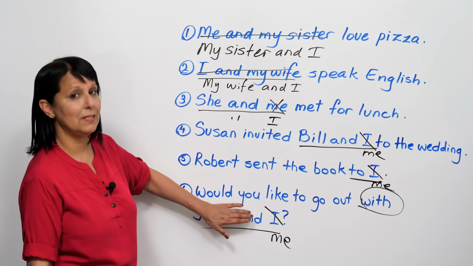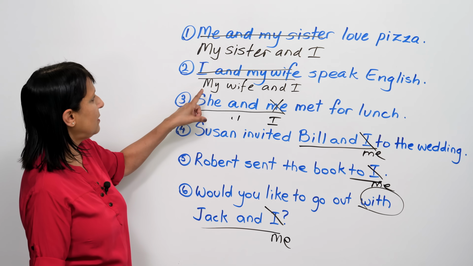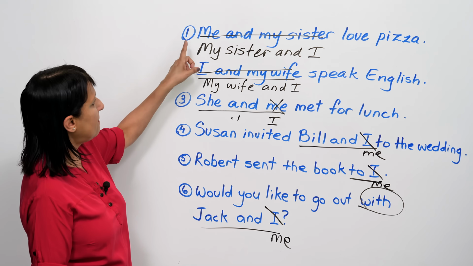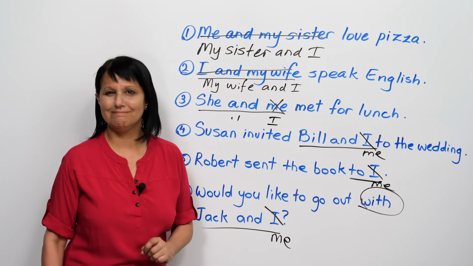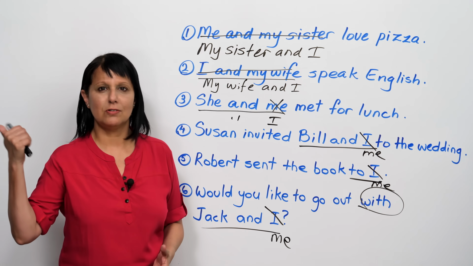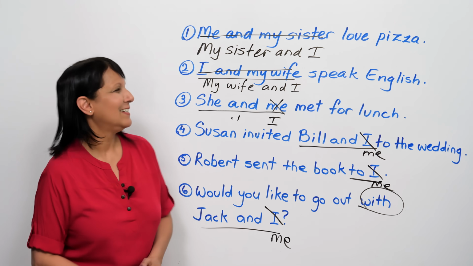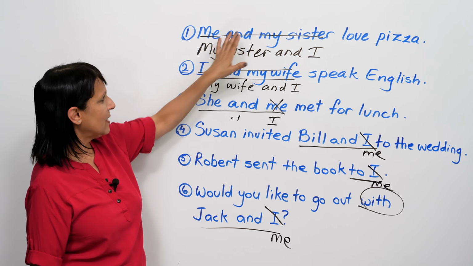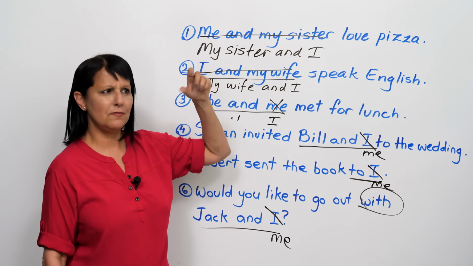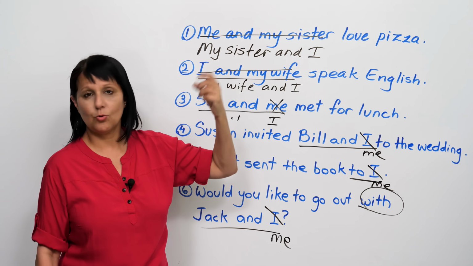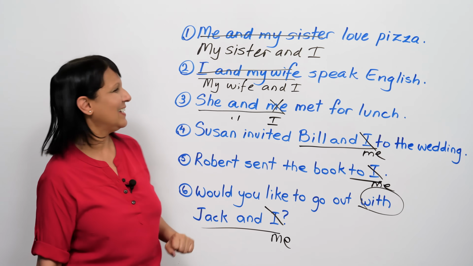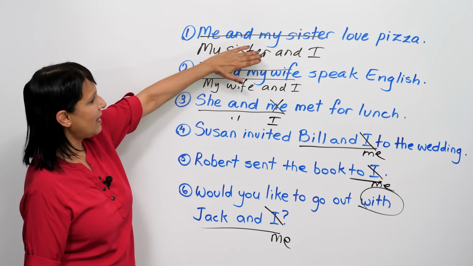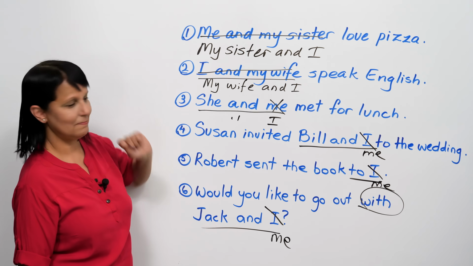No, with me. Or here, would it be right to say, me love pizza? No, not unless you're Cookie Monster on Sesame Street, okay? So if you're not sure, take out the other person and then see if the word me makes sense or whether you need I, okay? So here it would be I love pizza, not me, all right?